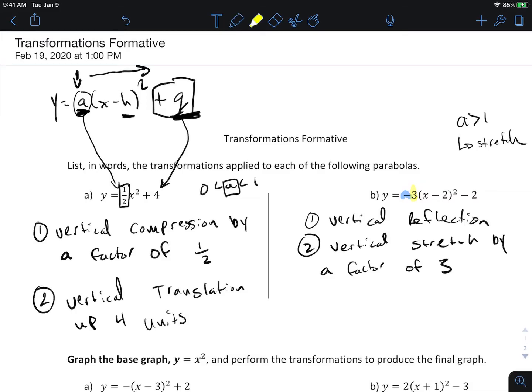Okay. And then the next thing, I see the H value. H stands for horizontal, left and right, right? And I also know because it's horizontal, it has to behave opposite to what I see. So I see a negative, and I might intuitively think, oh, it's going to go left. It has to behave opposite. So I'm actually going to move it to the right horizontally, right?